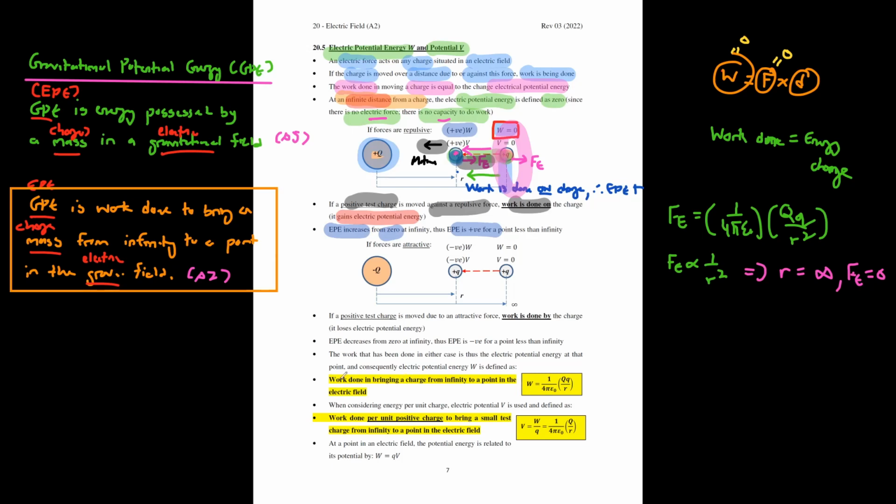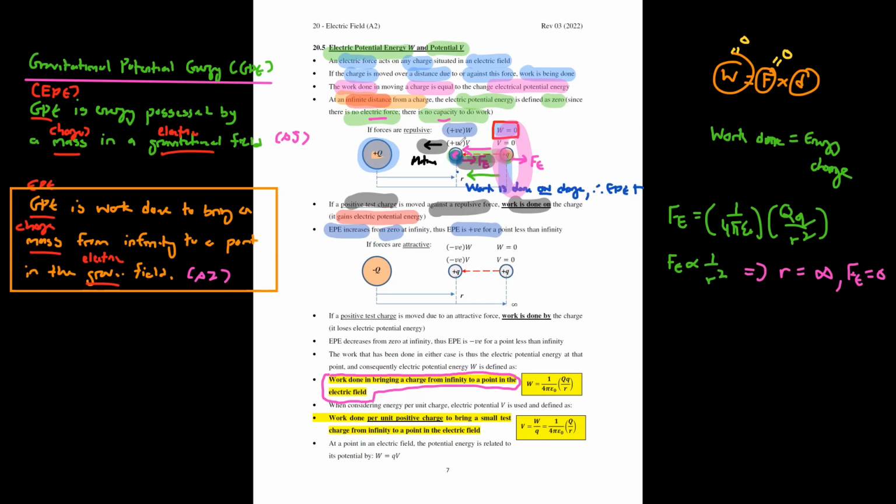That's why we say that electric potential energy is the work done to bring a charge from infinity to a point in the electric field. You start off at infinity where the electric potential energy is 0. When you bring it to a point inside the electric field, you do work. Whatever work you do changes the electric potential energy, and the change would be equal to the potential energy at that point itself. That's why we define it as this.